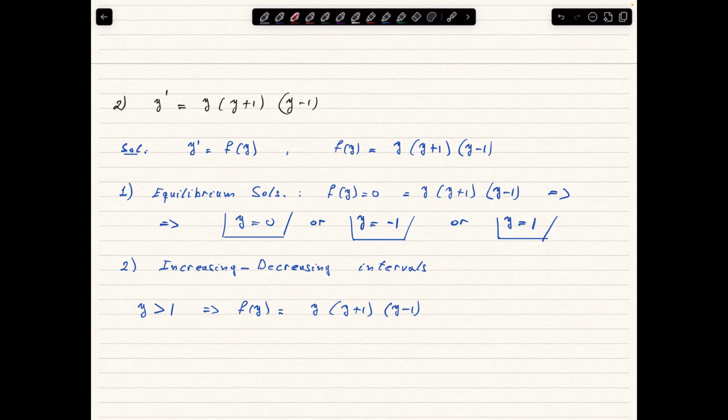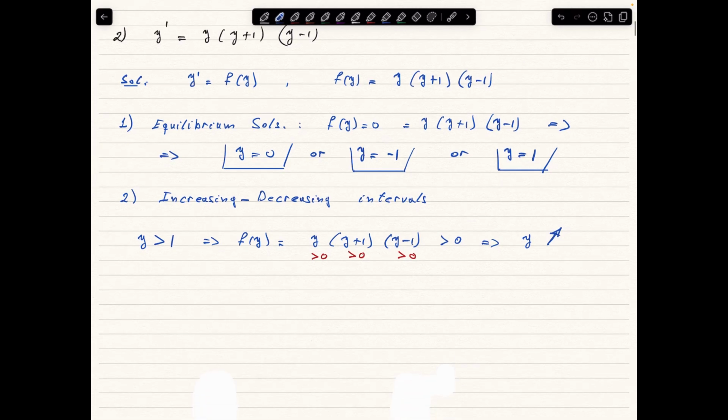But because y is bigger than 1, this factor is positive, and of course the other two are also positive. So we have a product of 3 positive numbers, so of course this is positive. Which means that the derivative of the solution is positive, therefore the solution itself has to be increasing. And we denote it like that, with an arrow pointing upwards.